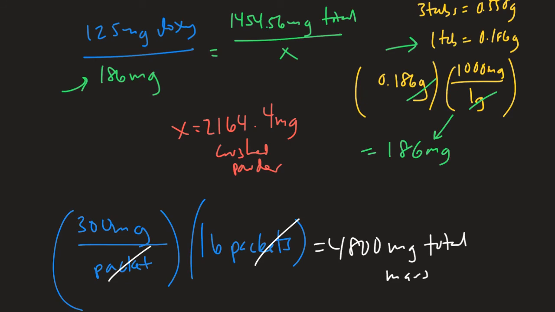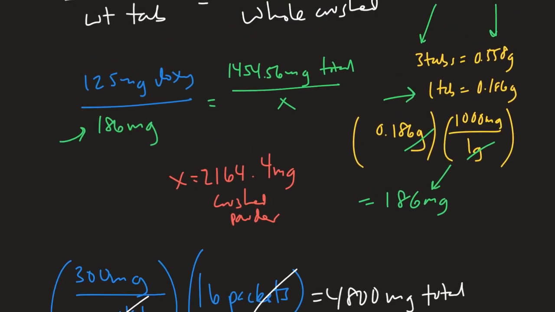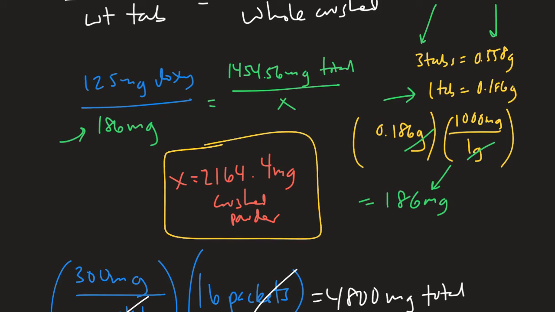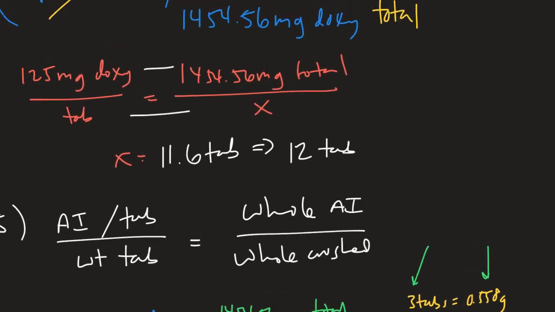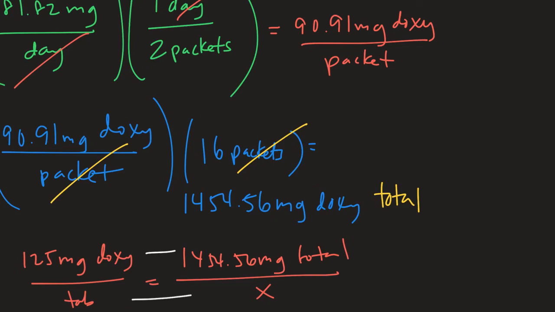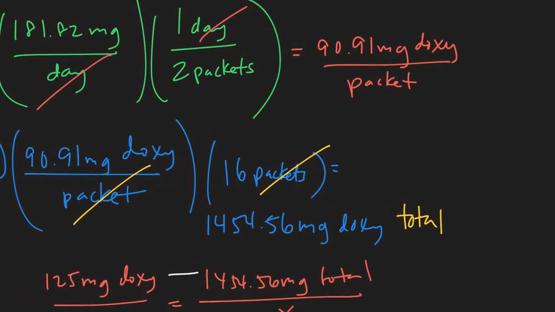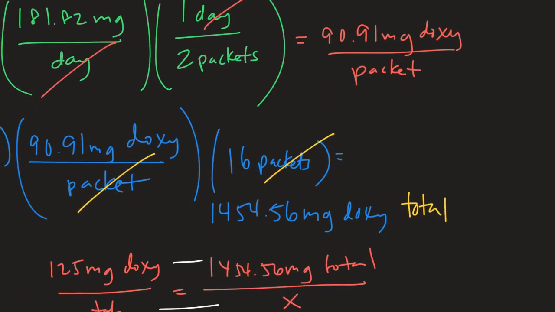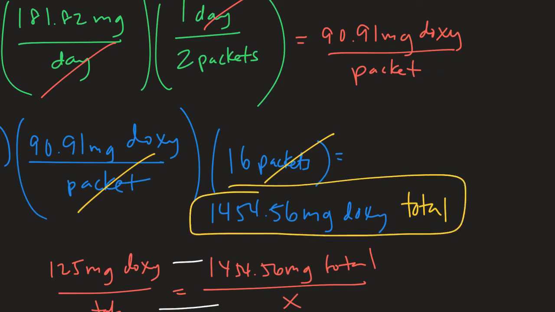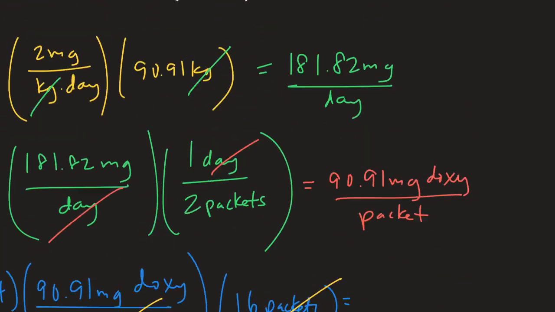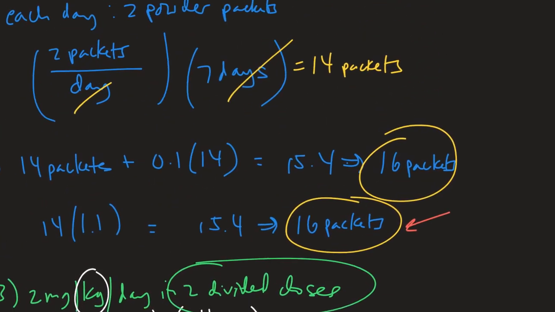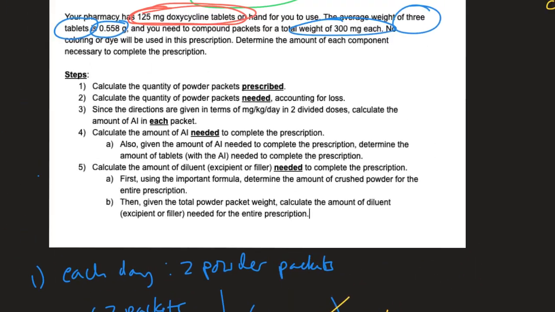And you would need a total of 2164.4 milligrams of crushed powder, which also means 1454.56 mg of doxy total. So we calculate the weight of each component needed, like the problem asked.